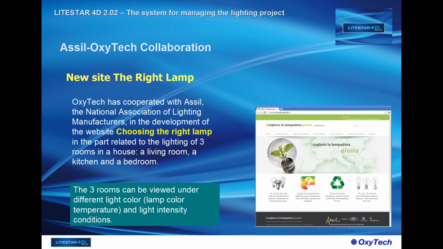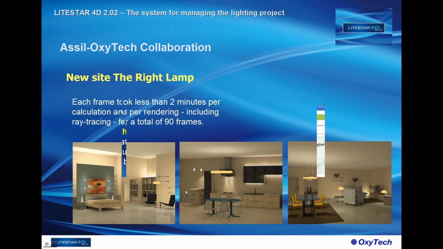So through the different renderings, we can show that modifying the intensity, you have a different view of the same room, or modify the color temperature, you may have a different view of the same room. The 3 rooms are the ones showed at this slide, and each frame took less than 2 minutes per calculation and per rendering, including ray tracing, for a total of 90 frames.